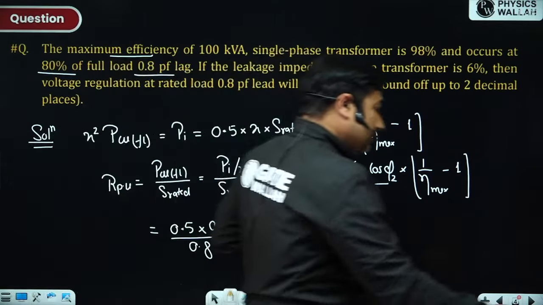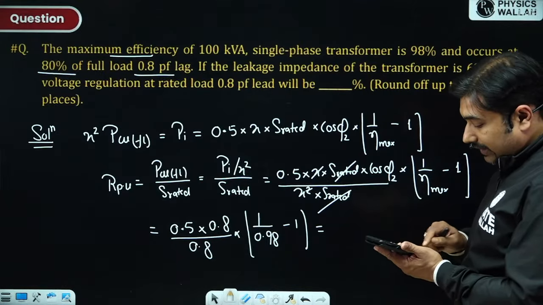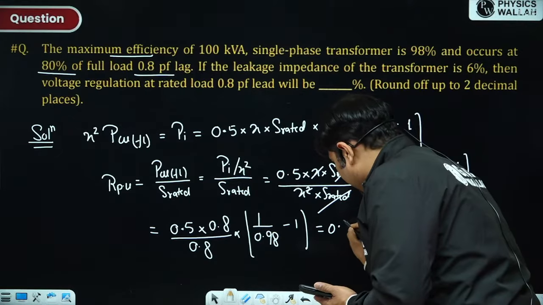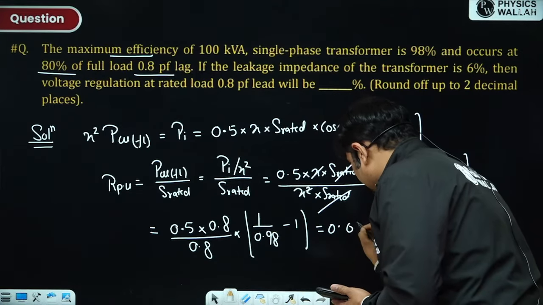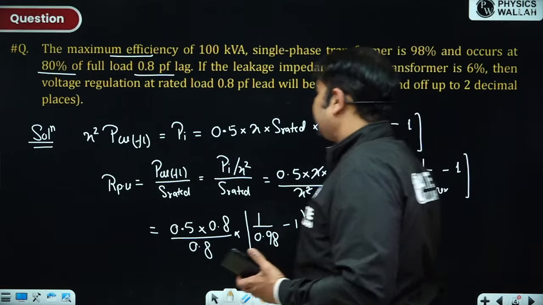Now you can do the calculation for R per unit: 1 divided by 0.98 minus 1, into 0.5, so 0.01, 02, 04, 08 and so on.